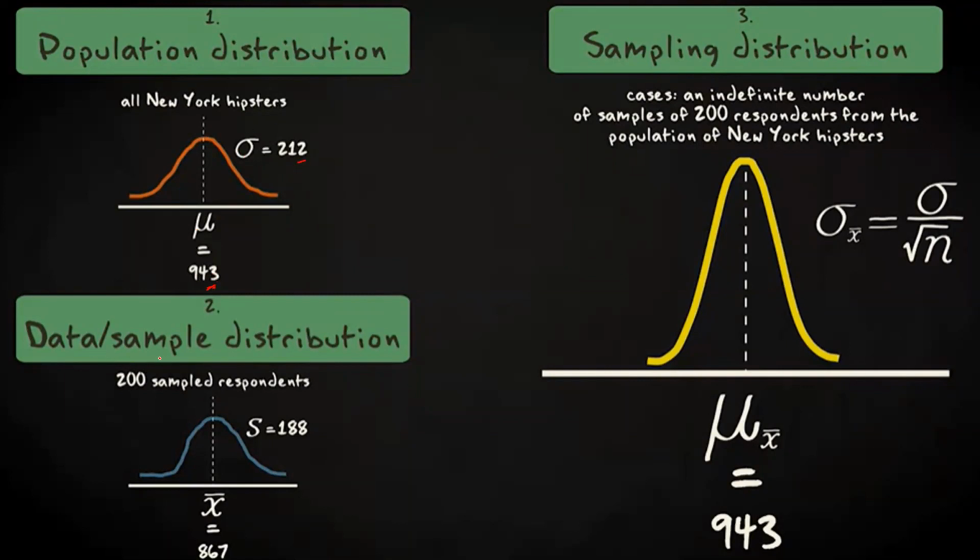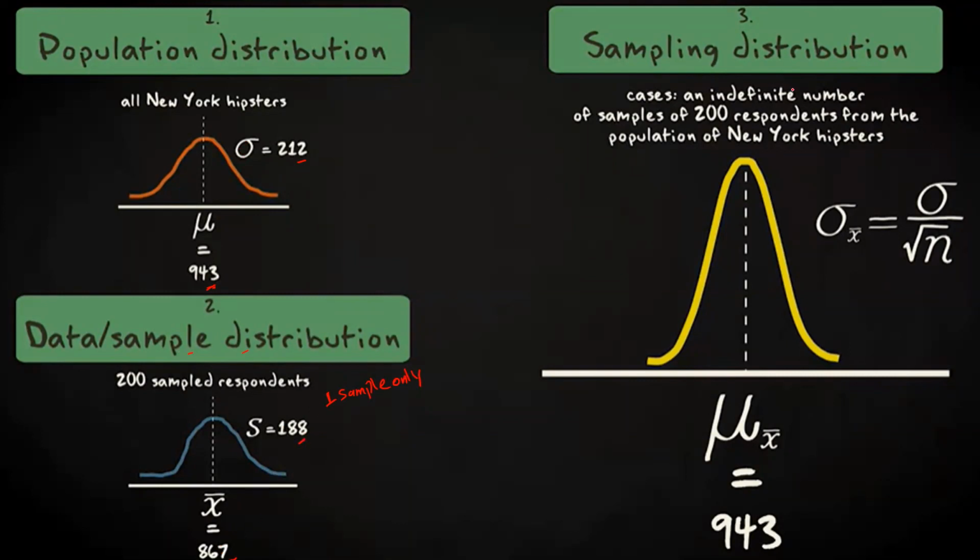The data or sample distribution means we are looking at one particular sample only. For one sample, your mean is this much, your standard deviation is this much.